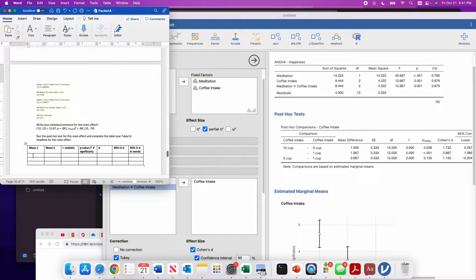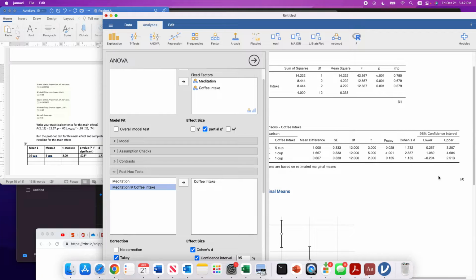First mean is 10 cup. Second mean is 5 cup. The t statistic is 3.00. Beautiful. 0.028. Star that. Cohen's d, 1.73. That's large. That's my sample Cohen's d.